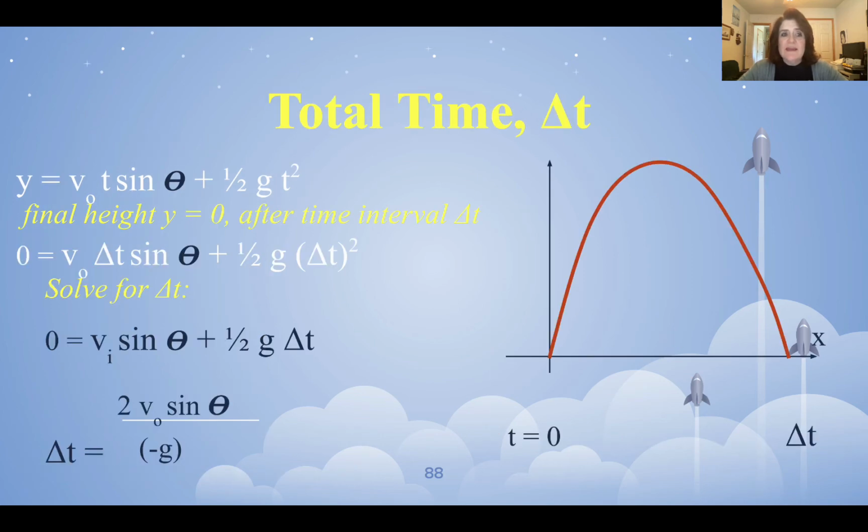The total time is found by taking your y equals equation, realizing that your final height is 0 after an interval of delta t. So solving for delta t, we get this equation here.